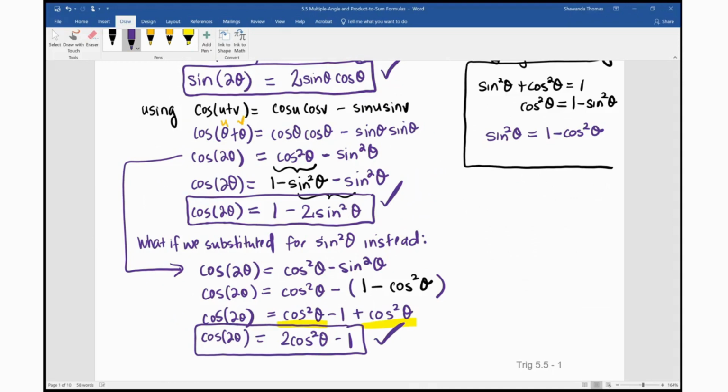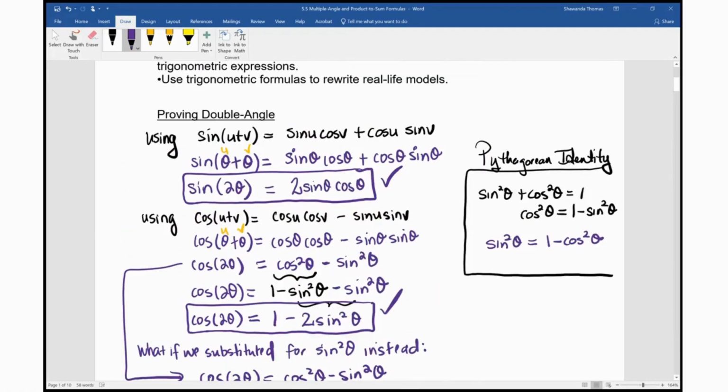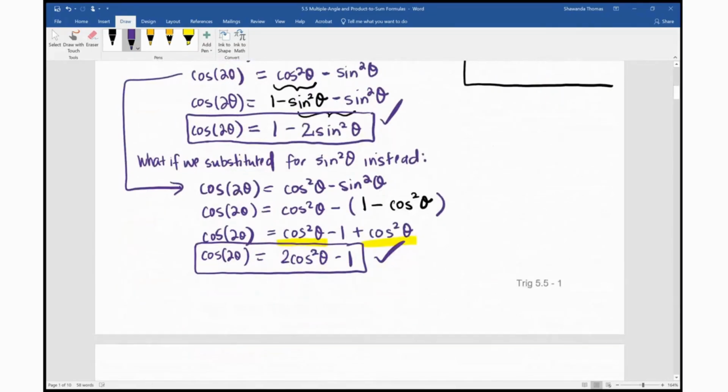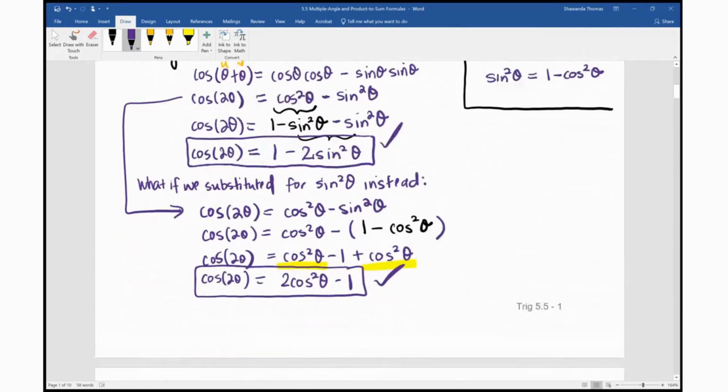Then let's talk about that tan one up here. Tangent of 2 theta. So let's go over to the right over here.